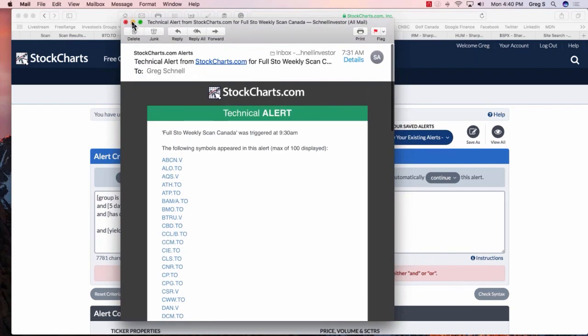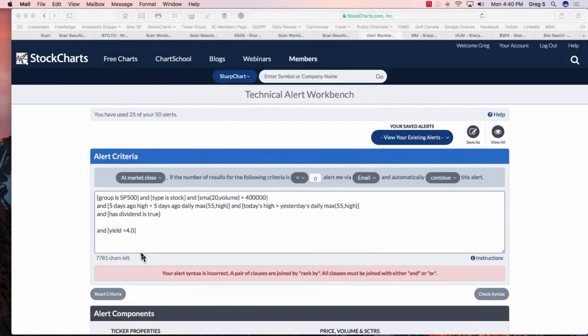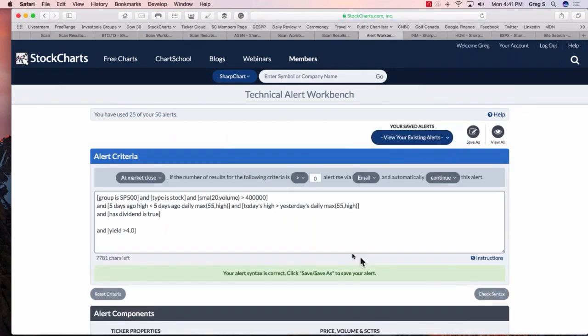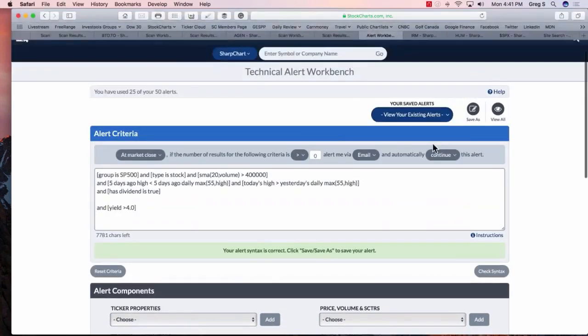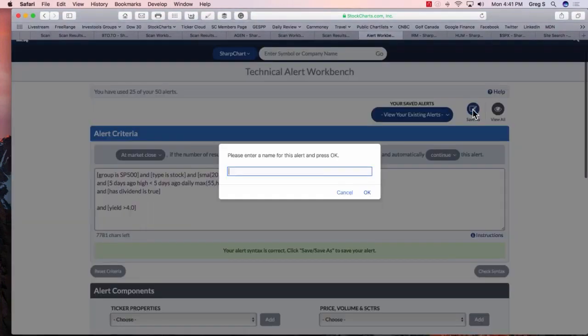So now that we know that's what we're expecting, it would make sense that I can't get a rank by. So if I just take that out and check the syntax, we're going to find that that's probably okay. And so now we could, as an example, just run that alert. In order to do that, we need to save it as whatever.